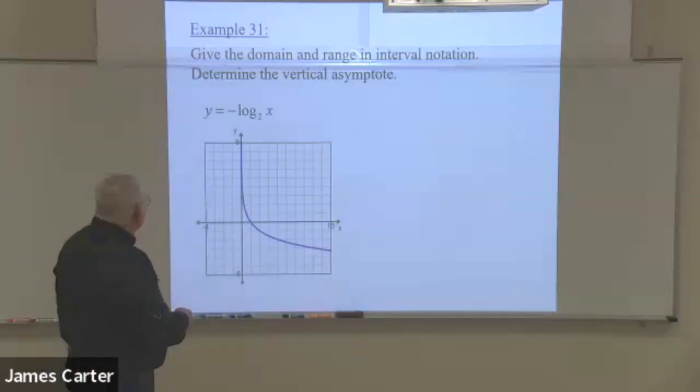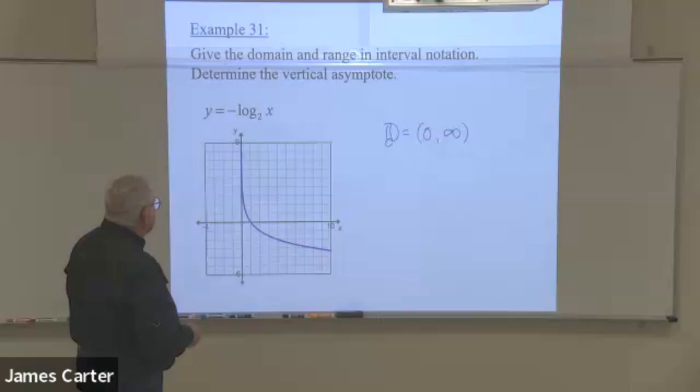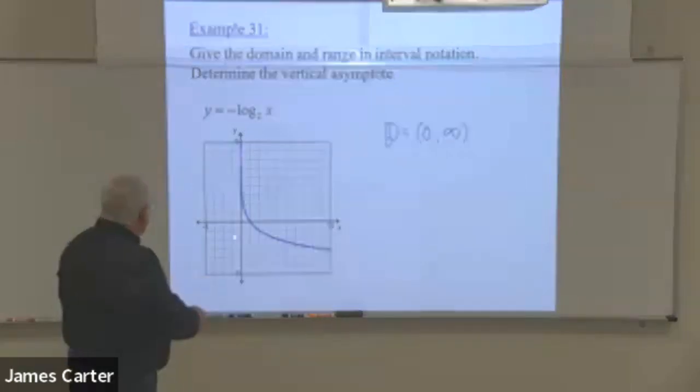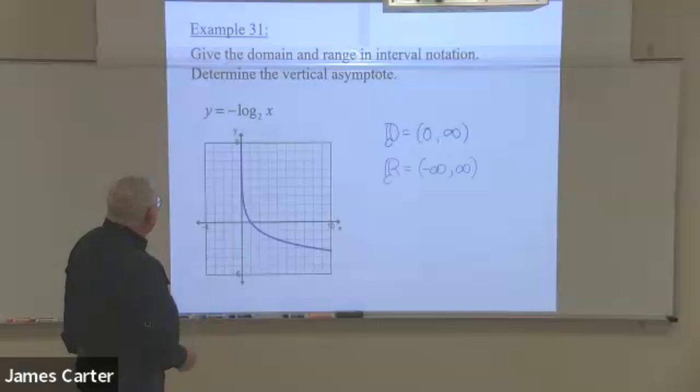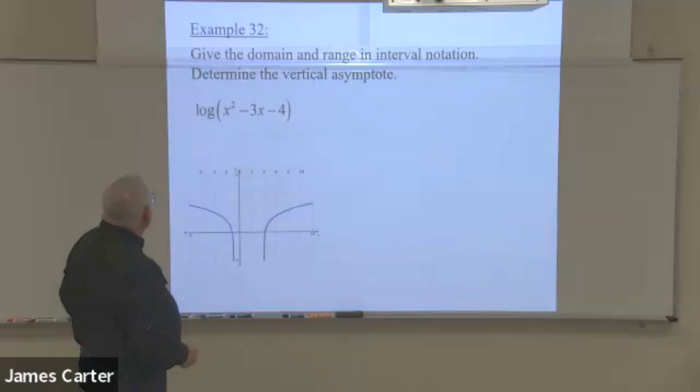In other words, it flows across the x-axis. In this case, the domain with that asymptote here at x equals 0 is from 0 to infinity. The range, negative infinity to infinity. And then the asymptote is the y-axis, as I said earlier.